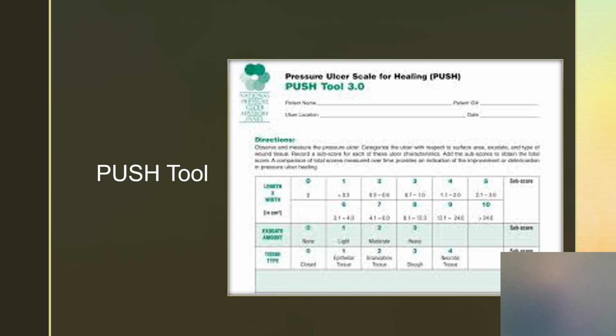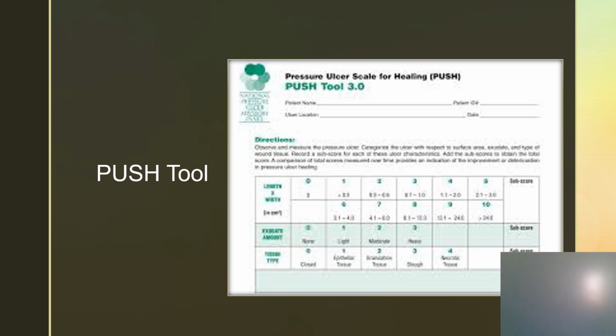The PUSH tool was developed by the National Pressure Ulcer Advisory Panel as a measurement tool to help identify improvement or deterioration in pressure injuries. On a weekly basis, we measure wounds. We get the length of the wound multiplied by the width of the wound, and the product is matched up on this PUSH tool with the appropriate score.